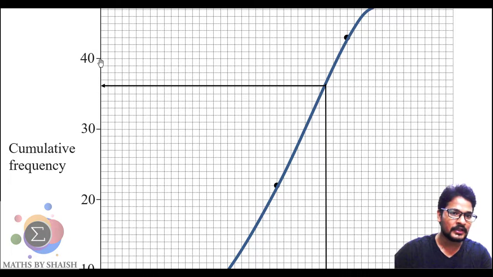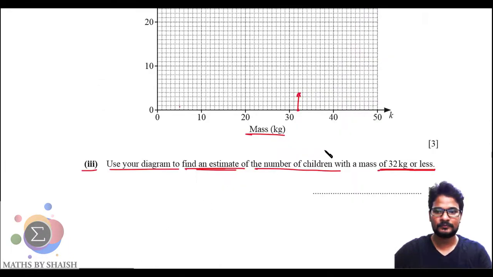It is 30 and this is 40, so counting 1 2 3 4 5 6 7, it is approximately 36, a bit more than 36 from the graph. Since it is the number of children, we'll write 36 here. There are 36 children whose mass is 32 kg or less.